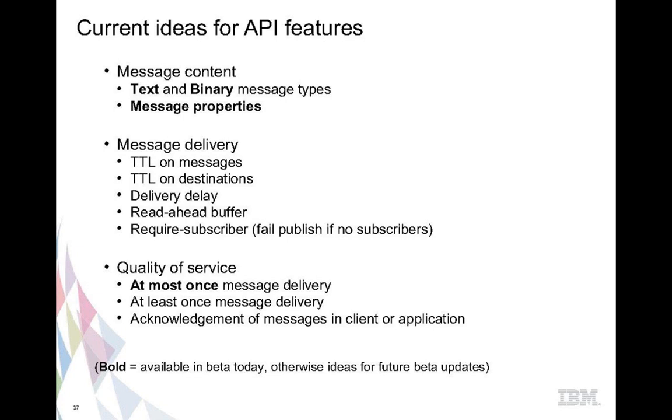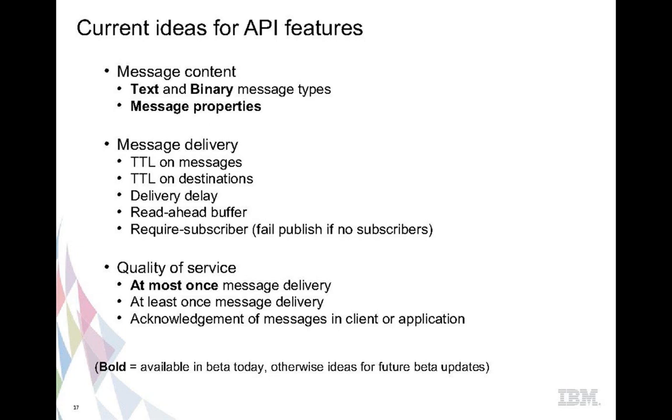But this require subscribers feature will cause the publisher to fail if there are no subscribers. Some of these features are still in thought, so you might see them in future beta updates of MQ Lite. But if you see something you really want, you can leave feedback to us on the download page, and we will get back to you.